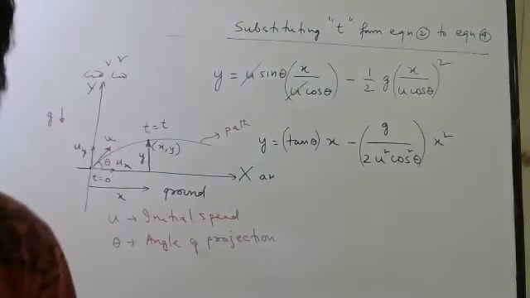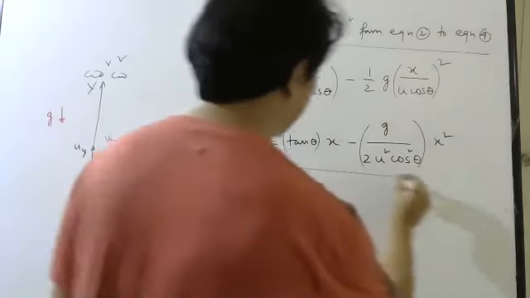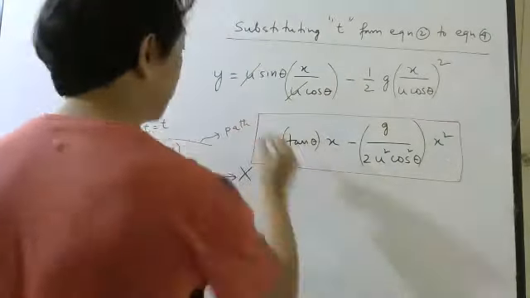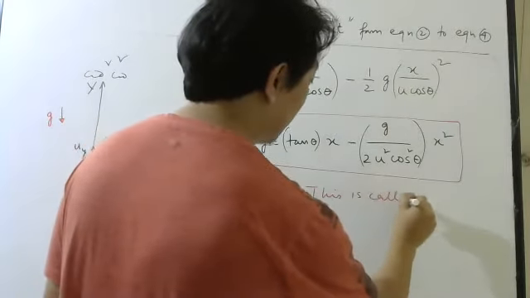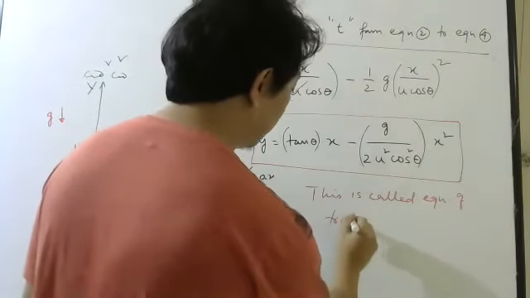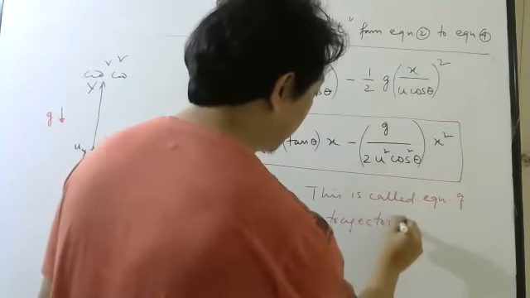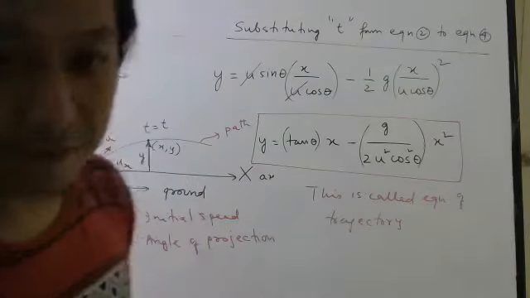So this is called equation of trajectory. Students, try to see some nice things about this equation.